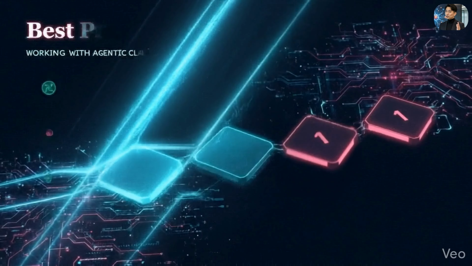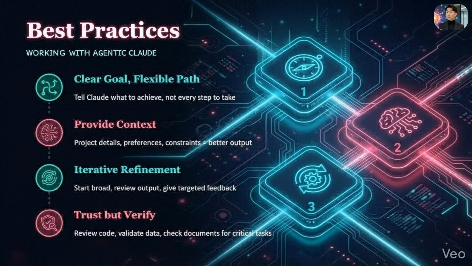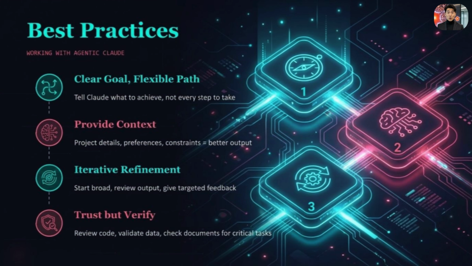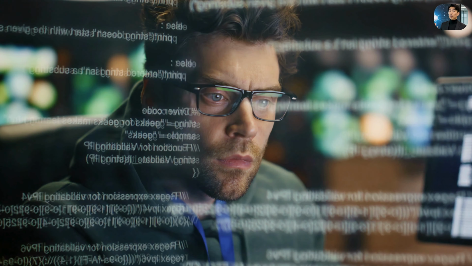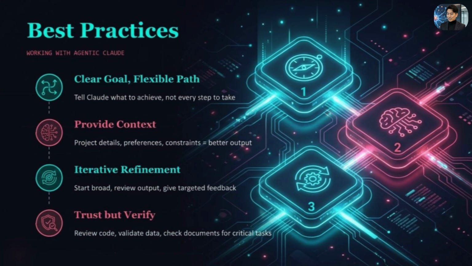Let us talk about best practices for working with Agentic Claude. First, be clear about the end goal but flexible about the path. Tell Claude what you want to achieve, not every step to take. Let it figure out the implementation. Second, provide context. The more Claude knows about your project, your preferences, and your constraints, the better it performs.